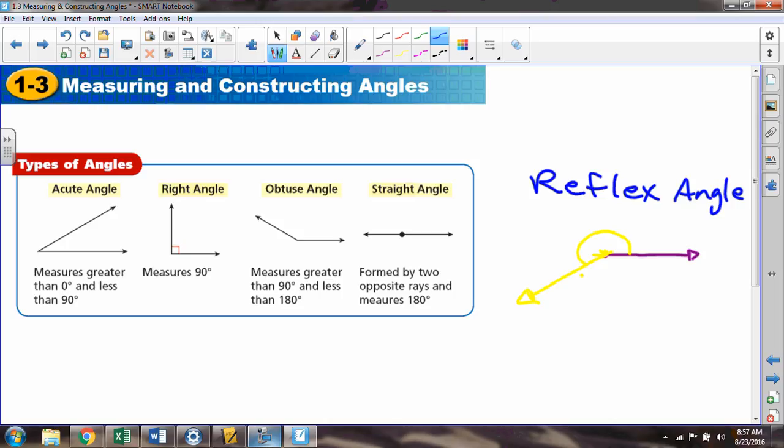And so the reflex angle is something that we virtually never encounter in geometry, just because we choose not to work with it. It is much more common in later maths, especially if you start considering trigonometry, if you start considering physics. Reflex angles play a significant role in later math classes, just not this one. I don't expect you to know it right now, but I did want you to have a little bit of exposure to it so that when you encounter it later on, at least it wouldn't be the first time.